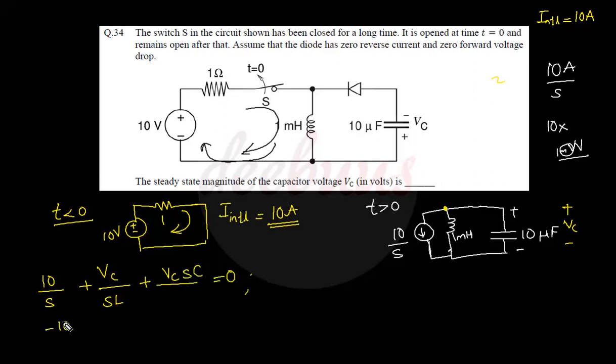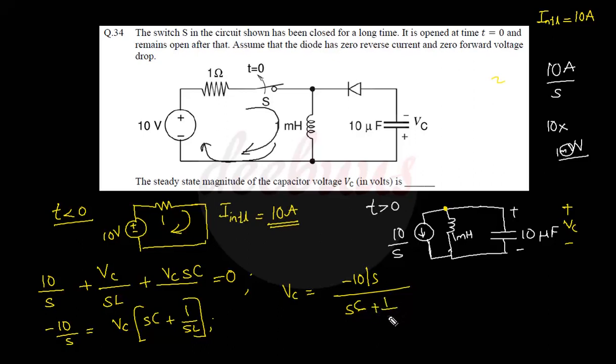Or minus 10 by S equal to Vc, taking Vc outside, so minus 10 by S equal to Vc into Sc plus 1 by SL. Now Vc equals minus 10 by S divided by Sc plus 1 by SL.